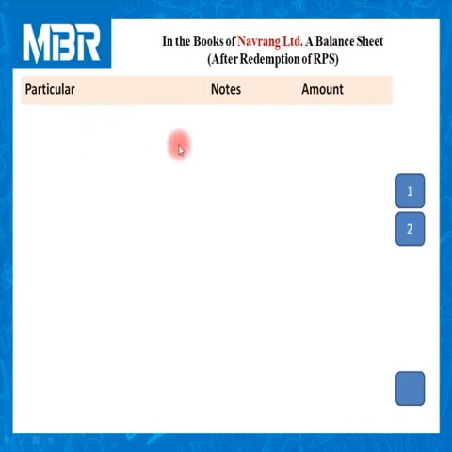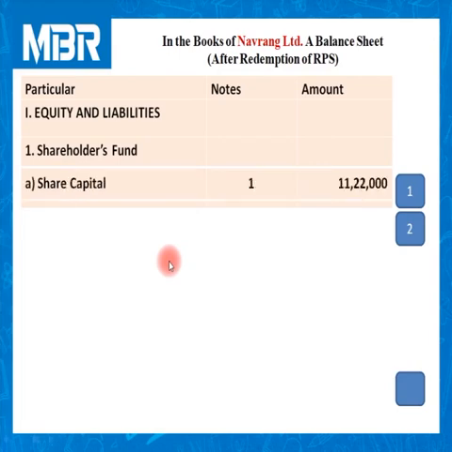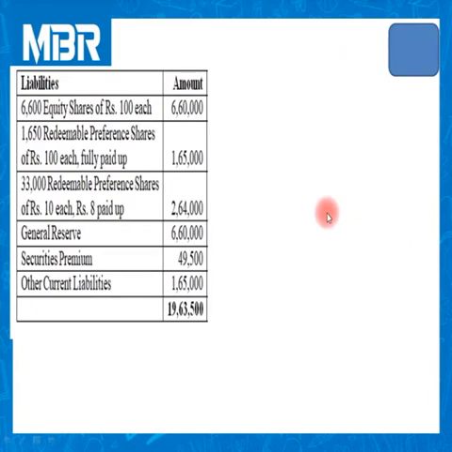We need to follow guideline given in our syllabus. The first item of the balance sheet is equity and liabilities. It includes shareholders fund. Shareholders fund includes the first item, share capital. Amount of share capital is 11,22,000. Note number 1. We have completed this calculation in note number 1.